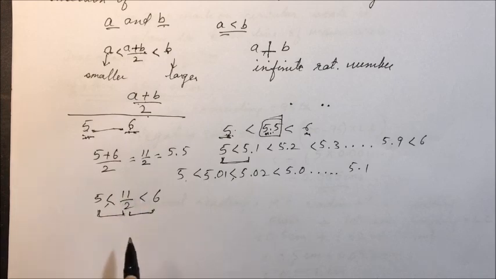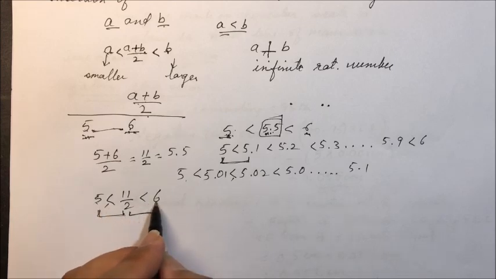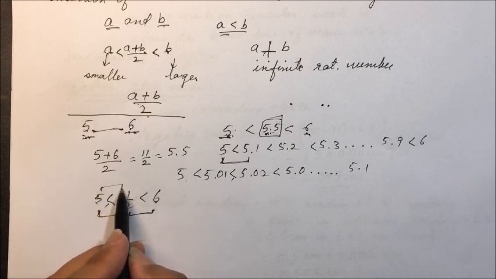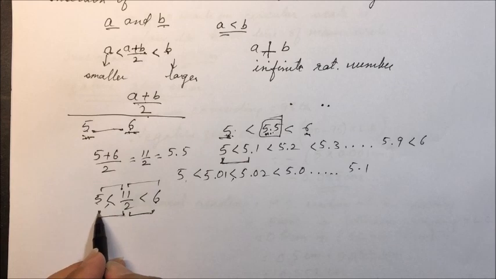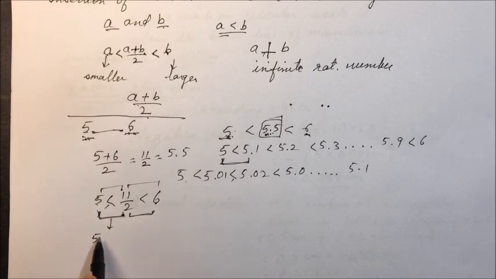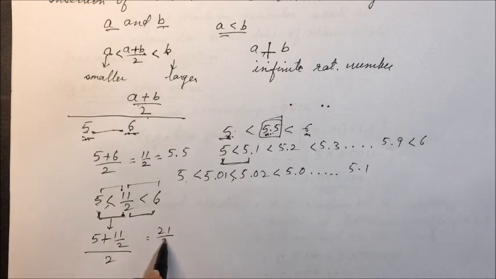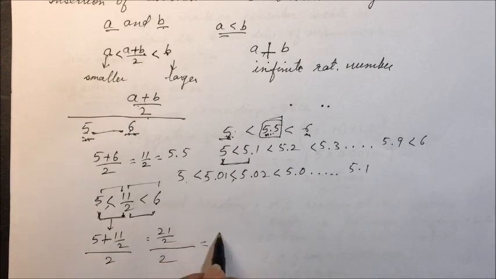If the question asks to insert two rational numbers between 5 and 6, one we have already inserted. The next number we can insert either between 5 and 11 by 2, or between 11 by 2 and 6. If I am inserting here, I have to take the average of 5 and 11 by 2, that is 5 plus 11 by 2, divided by 2. Taking the LCM, it will be 21 by 2 divided by 2, which is 21 divided by 4.